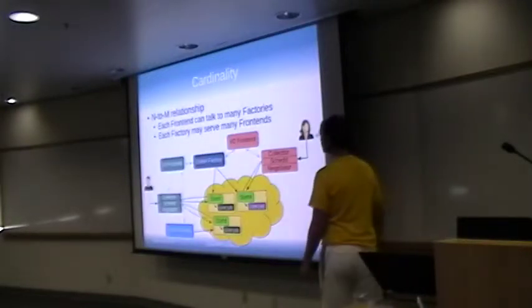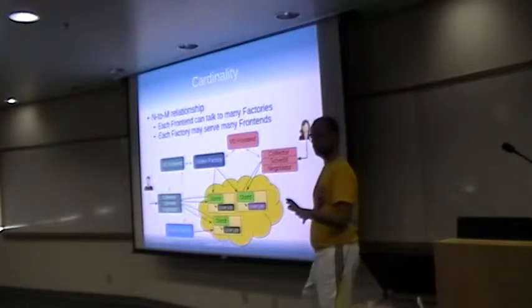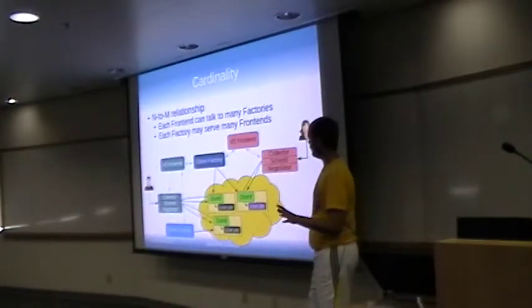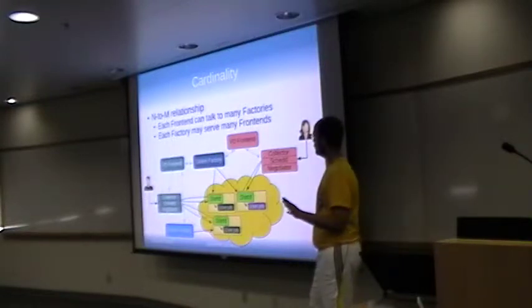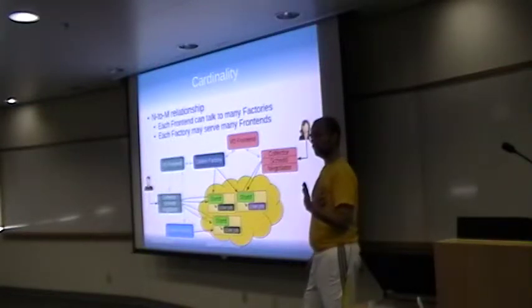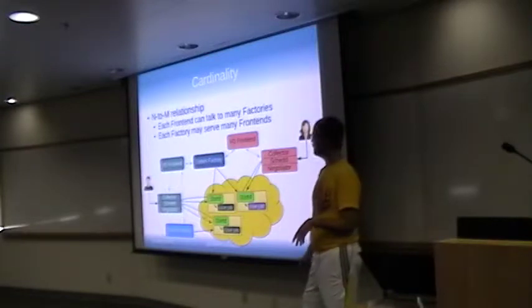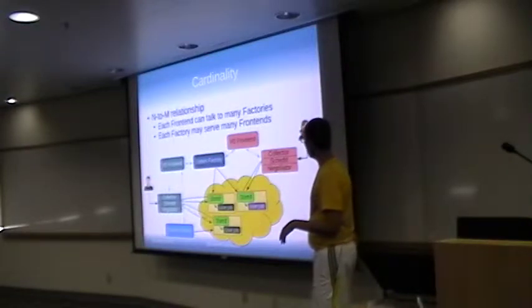Before moving forward, let me stress that there is an end-to-end relationship between the different pieces. Each front end can talk to many factories, and each factory can serve many front ends. While you can have situations where you have one-to-one, maybe handled by the same people, that's an exception, not the rule.